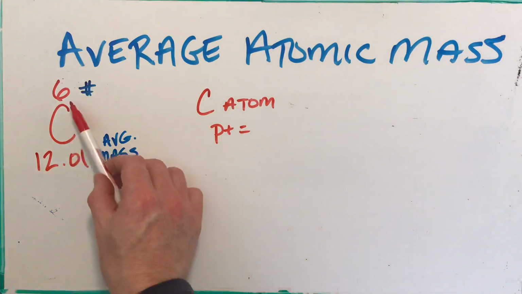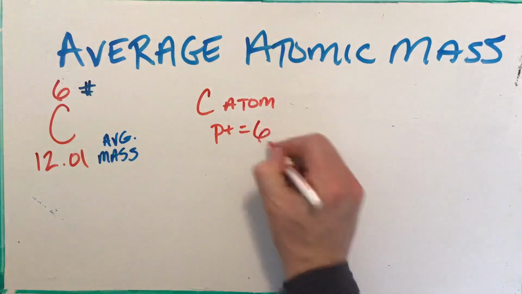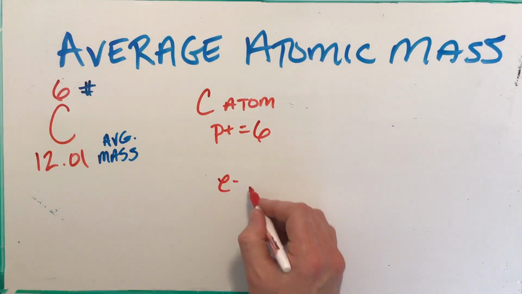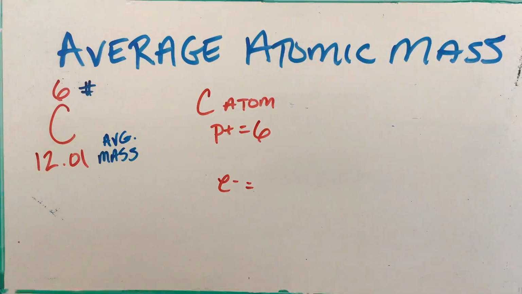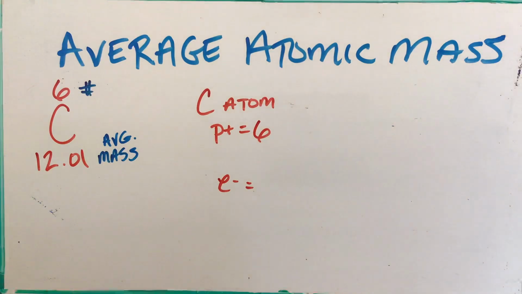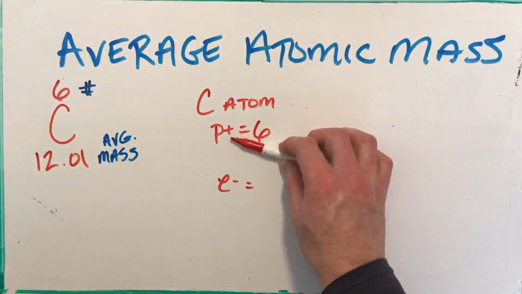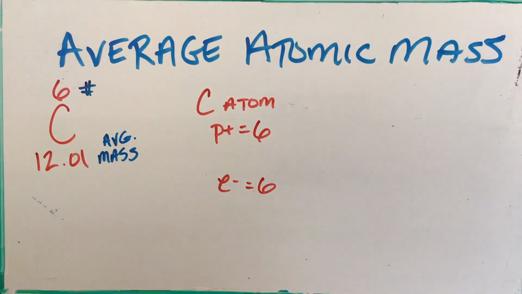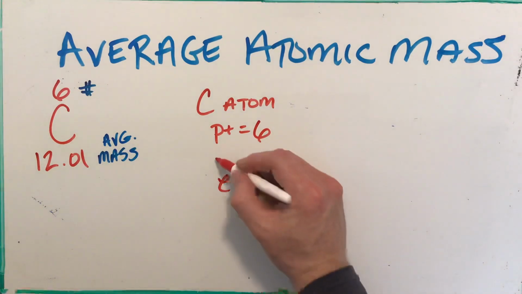You just look at the atomic number. So the number of protons is 6. And then I know for every atom, the number of electrons has to be the same if it's an atom, right? Things change if it's an ion. But for an atom, the number of positive charges and the number of negative charges is going to balance out. So that's also 6.